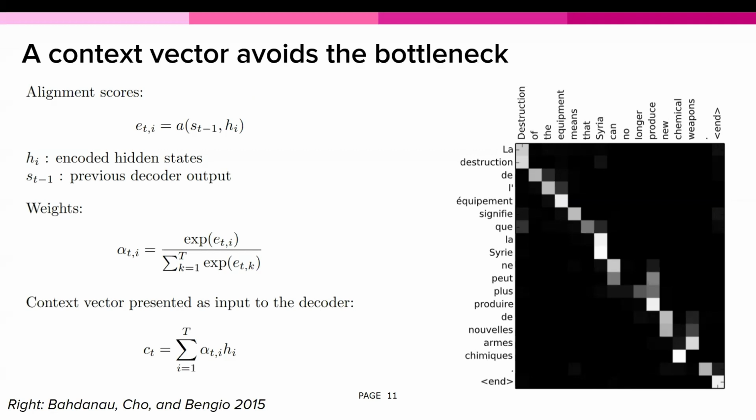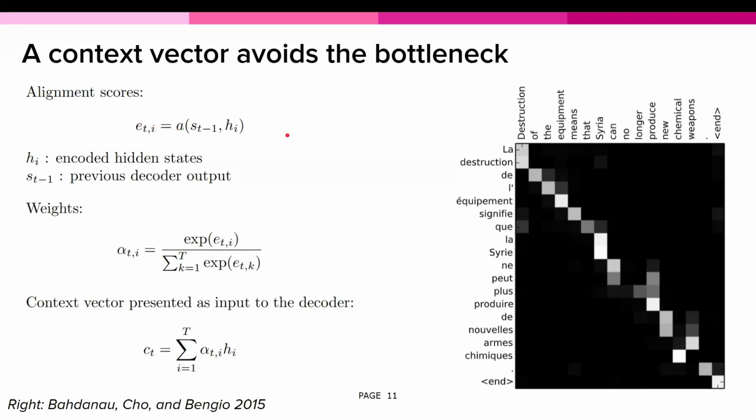Instead of using that single fixed size context vector from the encoder, Bahdanau's approach allowed the decoder to decide which parts of the input to focus on at each step in the output sequence. And so the attention mechanism works in three main steps.